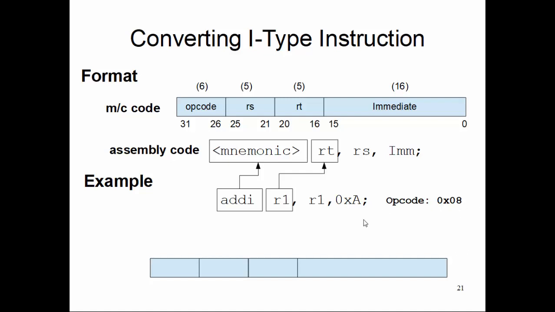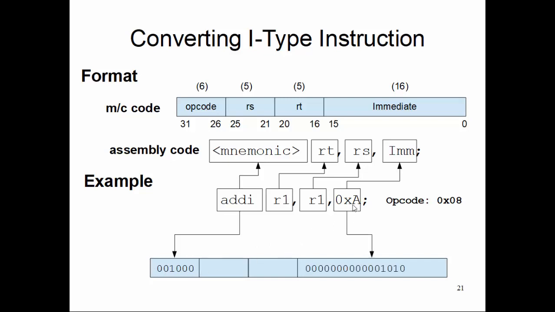where addi is the mnemonic, this is my RT, R1 is also my RS, and then the immediate value. Then we put the 08 hex code into the corresponding 6-bit opcode, and the immediate value into the corresponding 16-bit field, and R1 into one 5-bit field and R1 into the other 5-bit field.